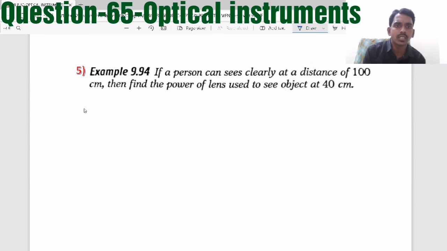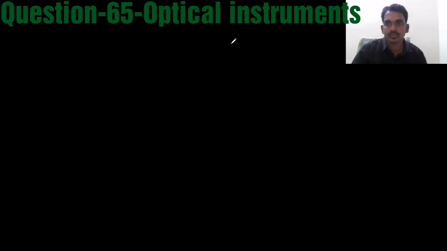Now, if a person can see clearly at a distance of 100 centimeter, then find the power of the lens used to see an object at 40 centimeter.